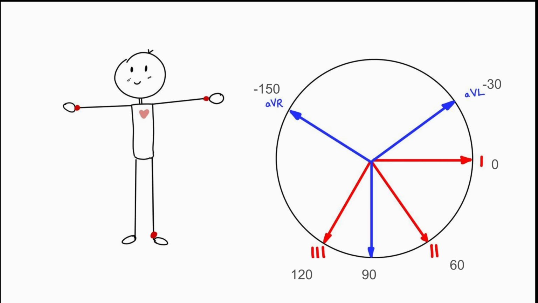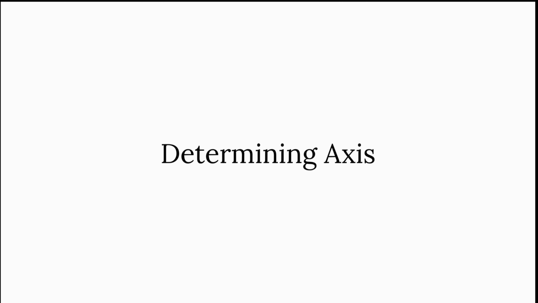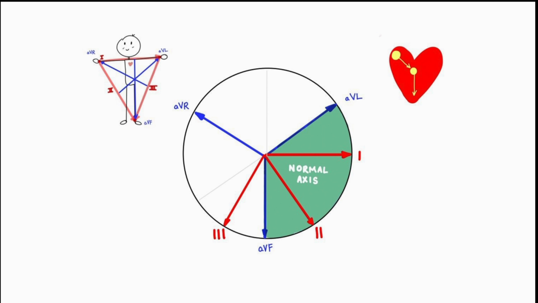So how do we determine axis? Well, first of all, what is axis? Axis is a descriptor that describes the average direction of voltage travel across or within the myocardium. Normally we're talking about the axis of the QRS complex.